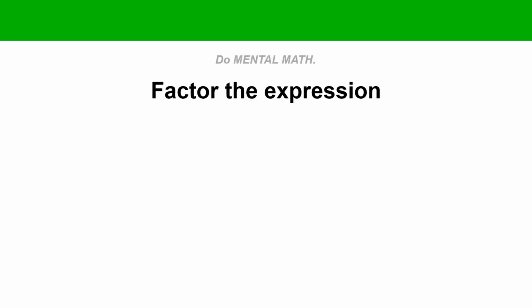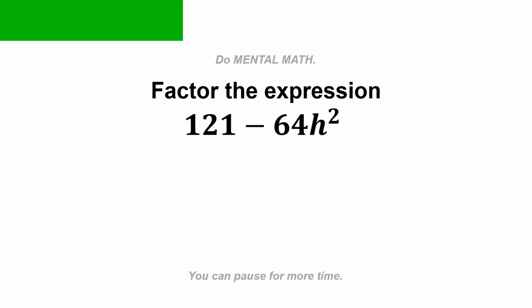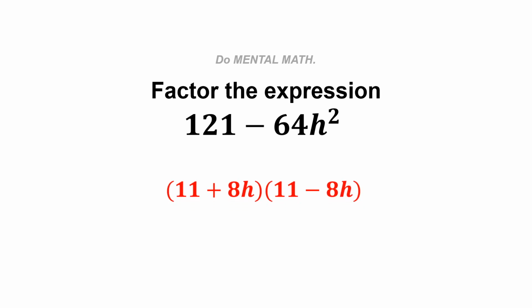Now, try this. Factor the expression 121 minus 64h squared. Factored form is quantity 11 plus 8h times quantity 11 minus 8h.